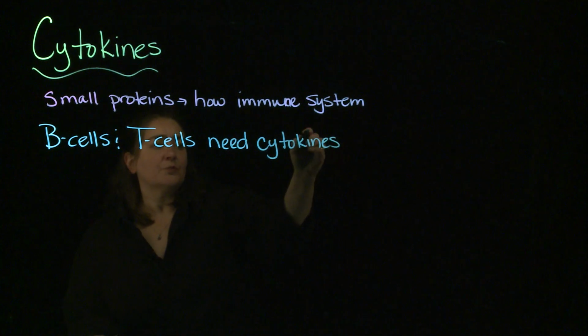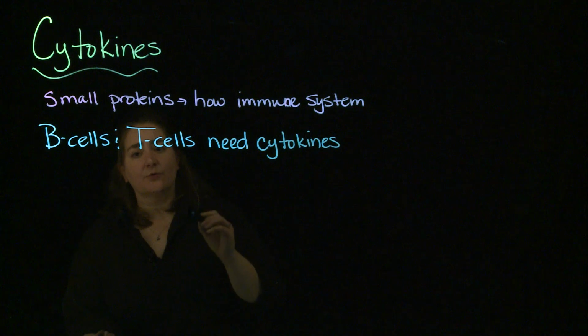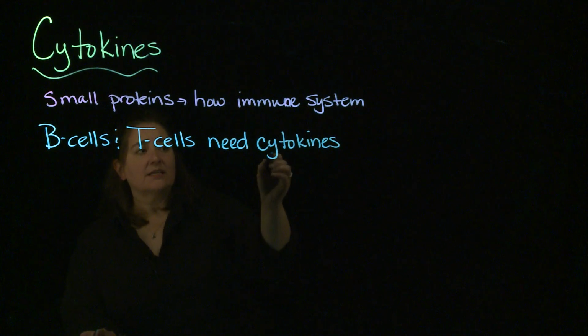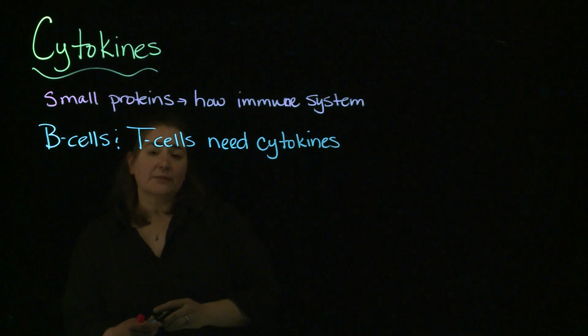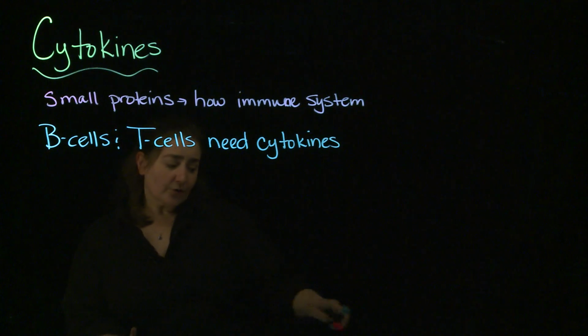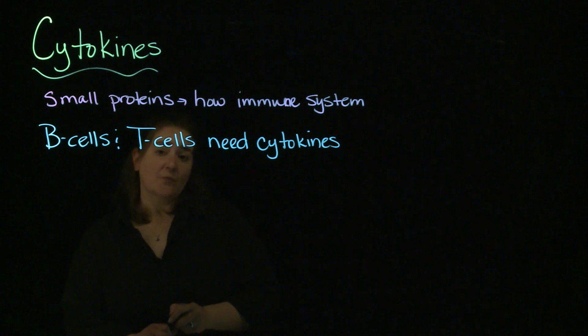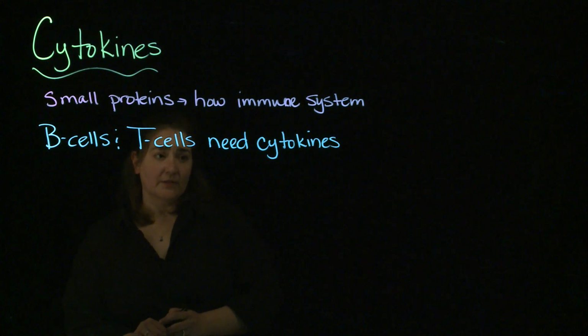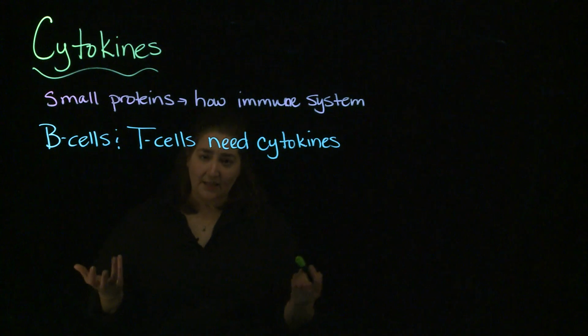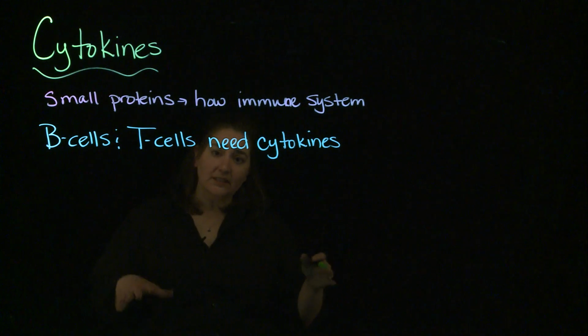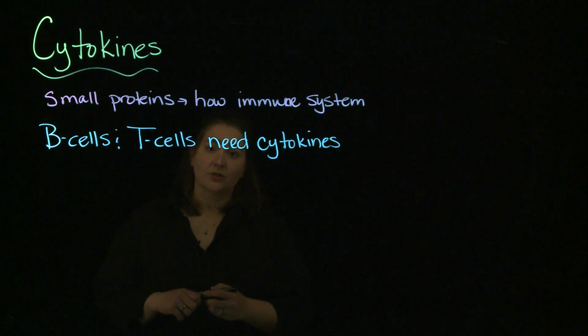So the process of maturation in both T cells and B cells needs those cytokines to be released in order for the B cells and T cells to do their job within the immune system. In the PowerPoints I've got a list of some of the cytokines that I want you to know.